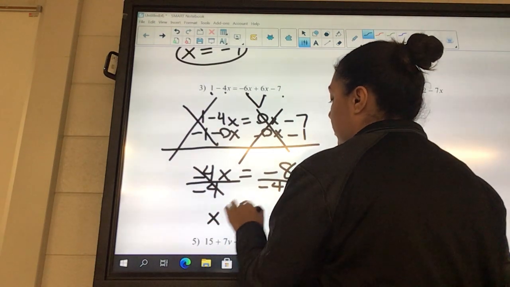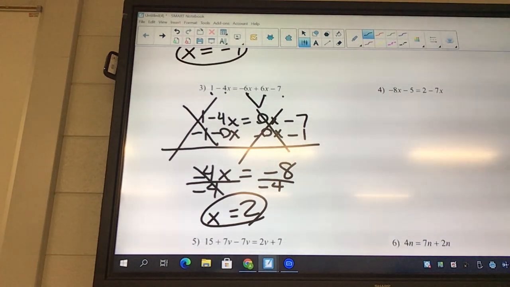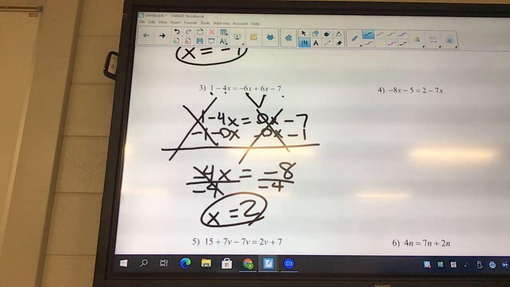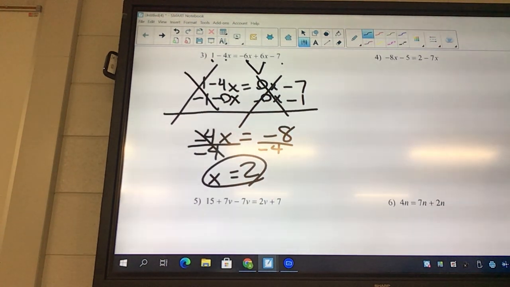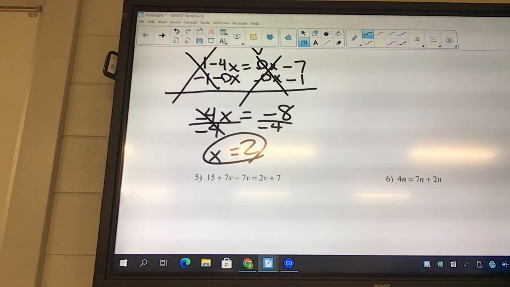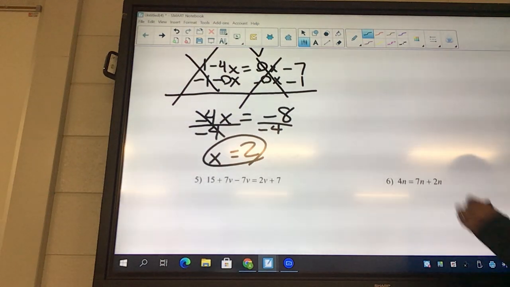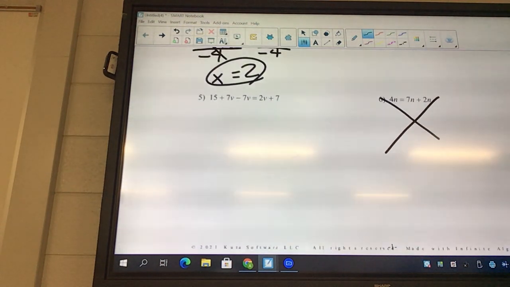So you're going to get x equals 2. I would cross it off. Cross off number 6.